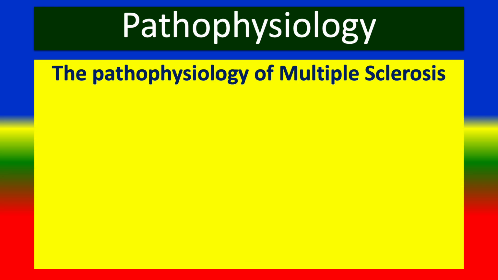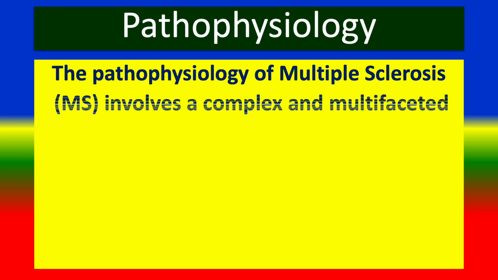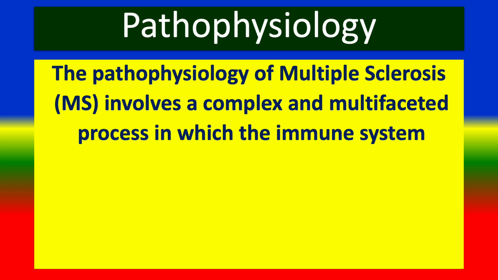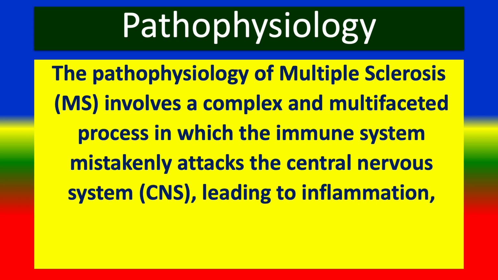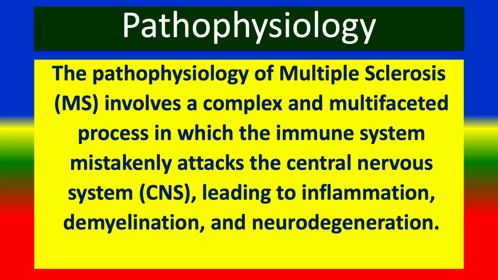Pathophysiology. The pathophysiology of multiple sclerosis involves a complex and multifactorial process in which the immune system mistakenly attacks the central nervous system, leading to inflammation, demyelination, and neurodegeneration.